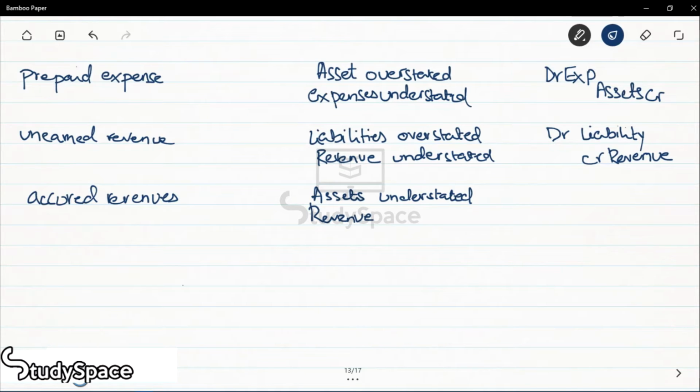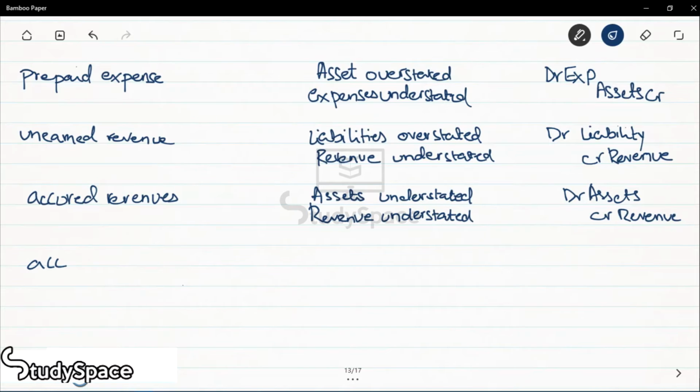For example, we have painted a house but we have not been given the cash payment for it. So the treatment for this entry is a debit for assets and a credit for revenue, because this would then raise the revenue which was understated and also raise the assets which were understated.